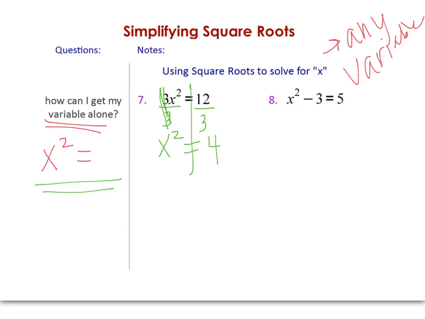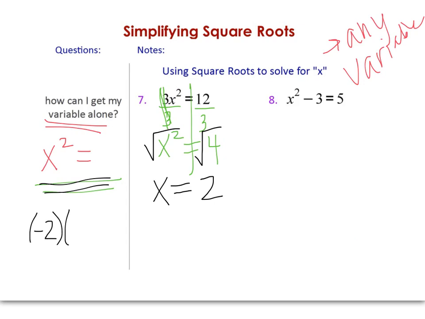Well, once my equation looks like this form, I can take the square root of both sides, and I get x equals, well, what's the square root of 4? So most of you guys are saying, well, x equals 2, but we also talked about the fact that negative 2 times negative 2 equals 4, so x can also equal negative 2.